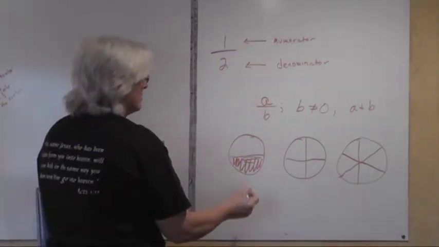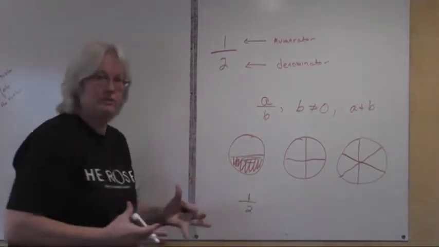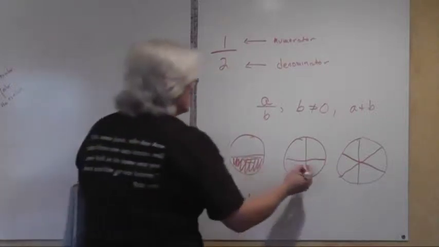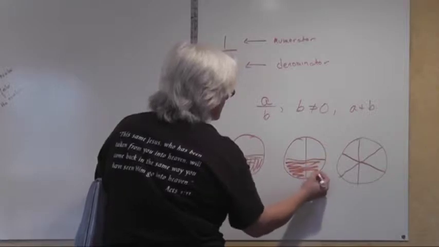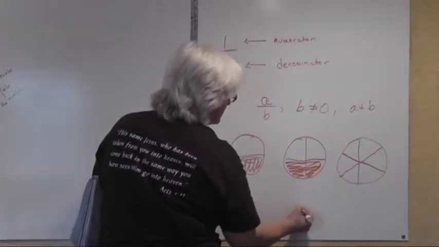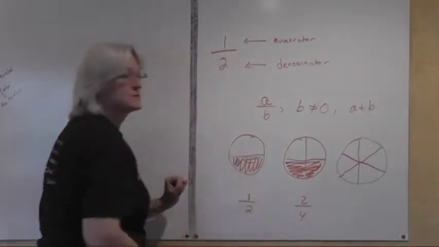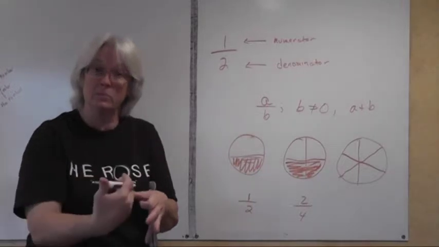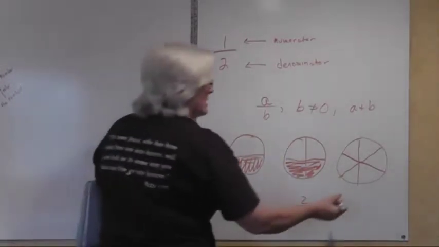The numerator represents how many of those pieces we're counting, or in this case, how many of those pieces are actually being shaded. So if I shaded 2 of these, I would write this fraction as 2/4, because the whole object has been cut into 4 pieces, and I've shaded 2 of them, or I've counted 2 of them.